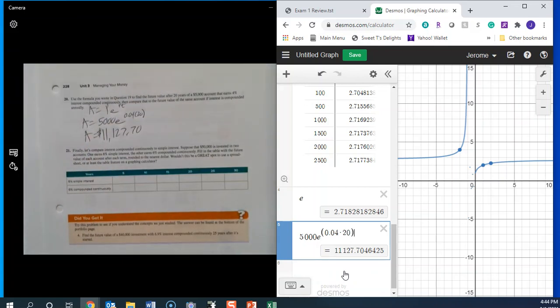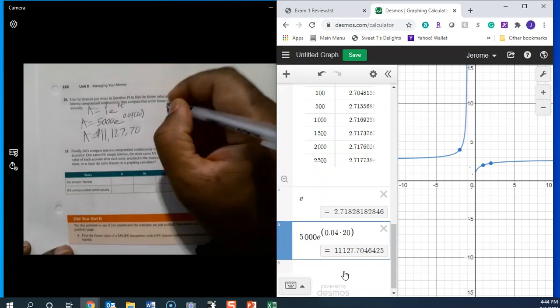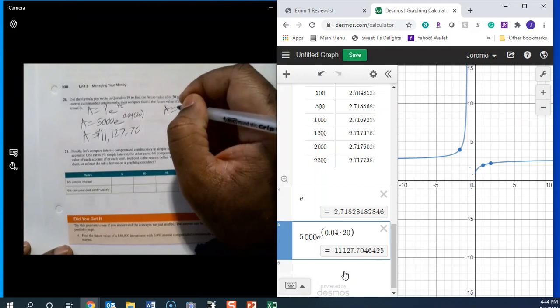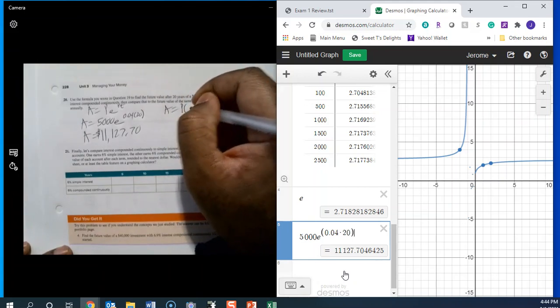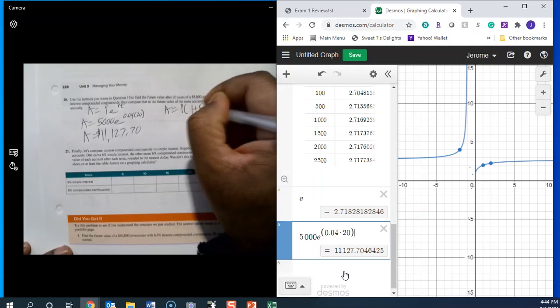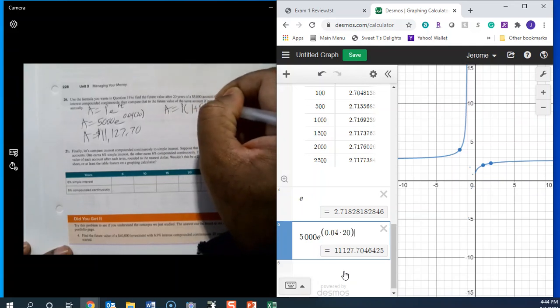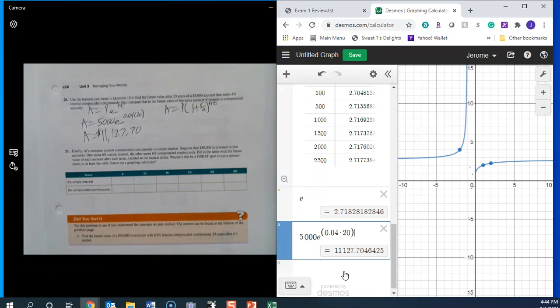Now they want us to do the same account with the interest compounded annually. So if we do annual interest, remember we would have A is equal to P times, well, I could use this same form, 1 plus R over N to the NT.